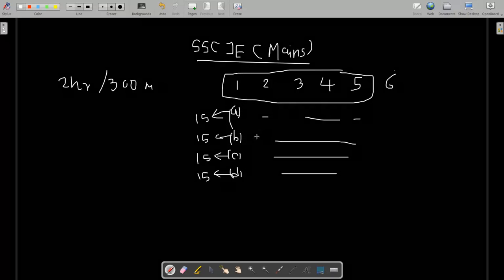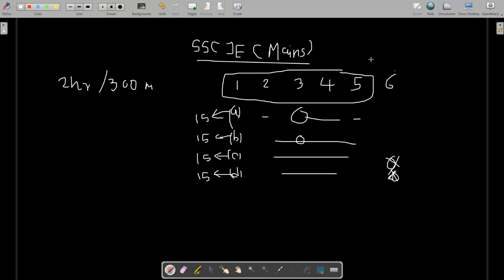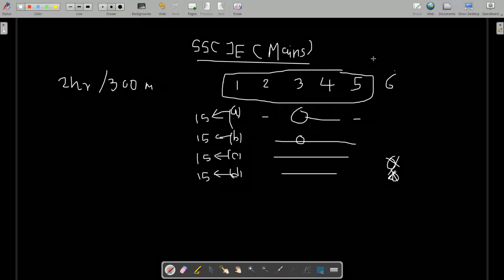You cannot do 3a and 3b, then 6c and 6d. That is not allowed. Either you can choose 1, 2, 4, 5, 6 or 1, 2, 3, 5, 6, whatever you find suitable after getting your paper.